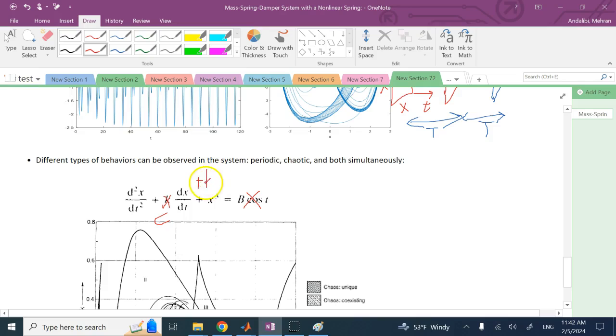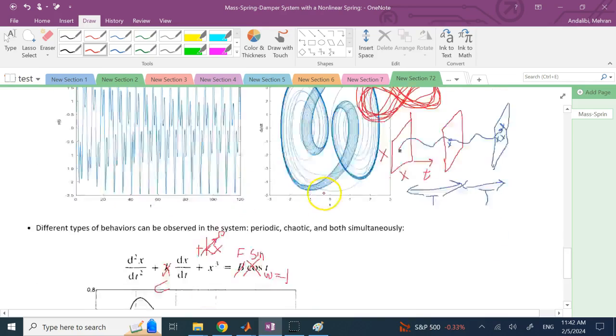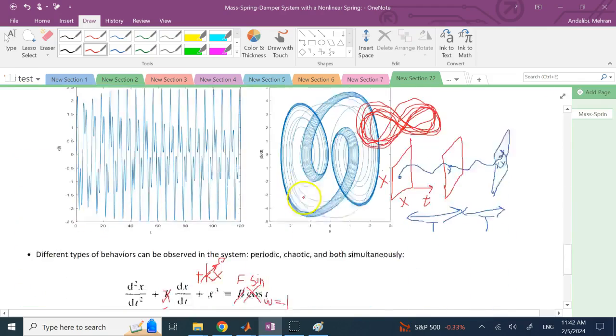I don't have a K here in this equation. This K is set to be equal to 0, so you only have the nonlinear term. And this B, as I said, for me is F, and this cosine is sine. And this is for an omega equal 1, basically. So it's a simple equation, simply a special version of the Duffing equation.